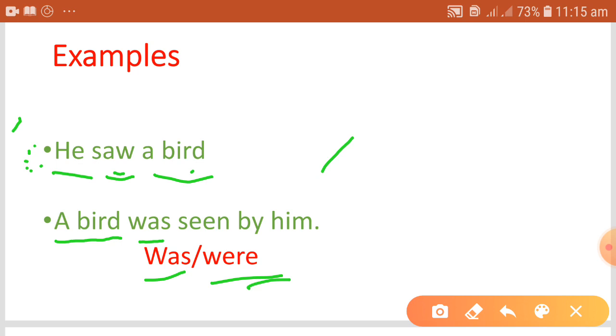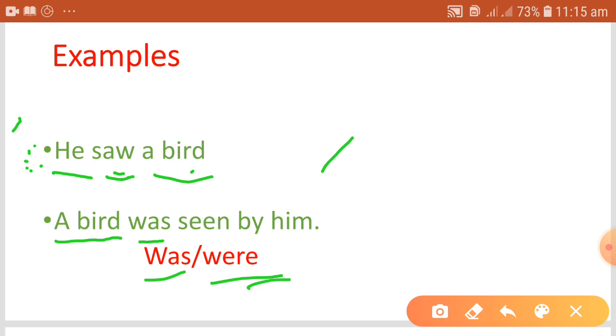So, a bird, was. Then here in simple past tense in active voice, the past form of the verb is used, but in passive voice all the time we need the past participle of the main verb.